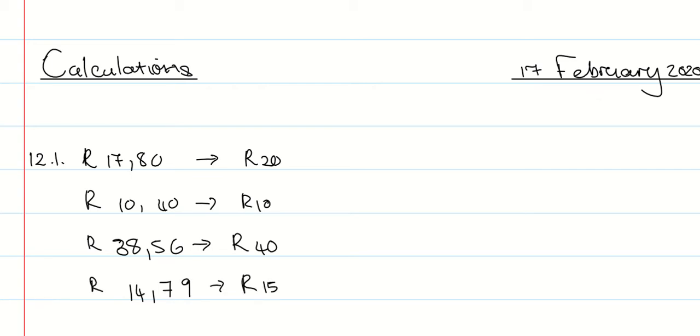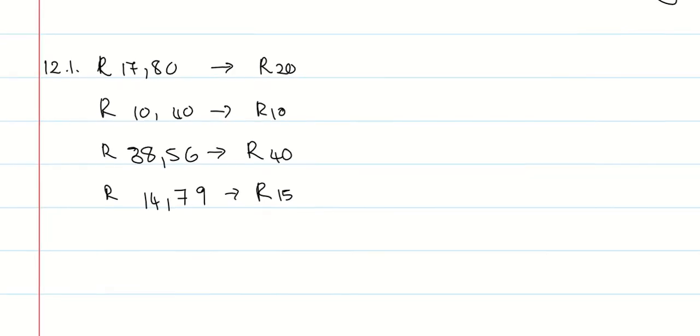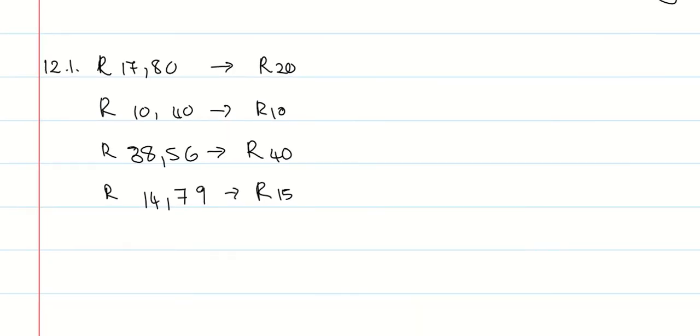We round off to the nearest 5, remember. So that's how we do that rounding. And then the next amount is 7 rand 82 cents. So that will be rounded off to 10 rand. And then the next number is 9 rand 65 cents, and we round that off, that will be equal to 10 rand.